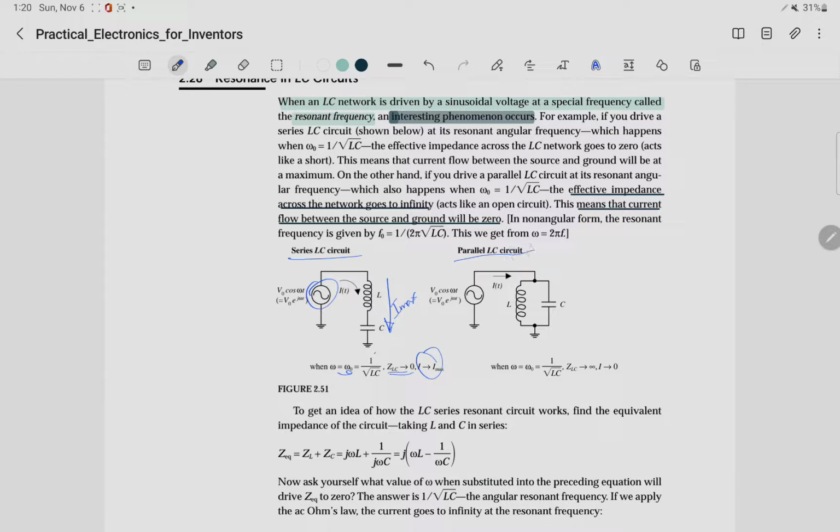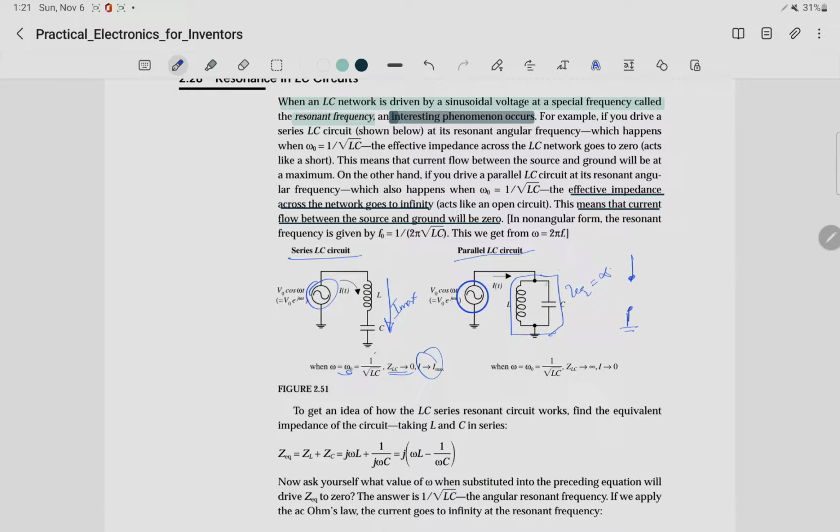Then for the parallel LC circuit, when you apply a sinusoidal voltage, the equivalent impedance of these two elements is infinity. And you know that when impedance is infinity, that element is going to behave as an open circuit, since there will be no current able to flow through that infinite impedance.